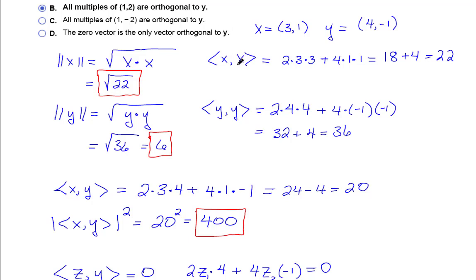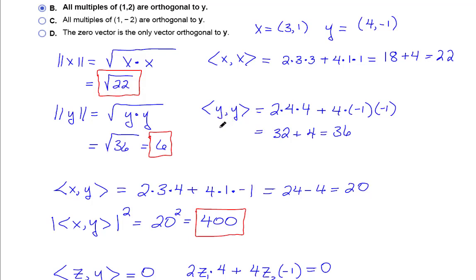According to the formula, it's 2 times the first components plus 4 times the second, and so in this case, it's 22. So the length is the square root of 22. Similarly for y, using the definition of this particular inner product.